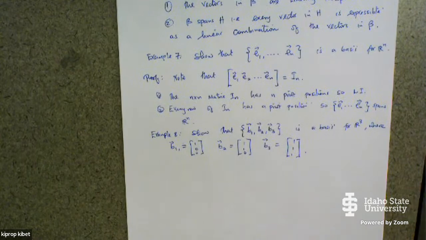Without even solving this, you can see that when you put this in a matrix form, all the rows have the pivot position.